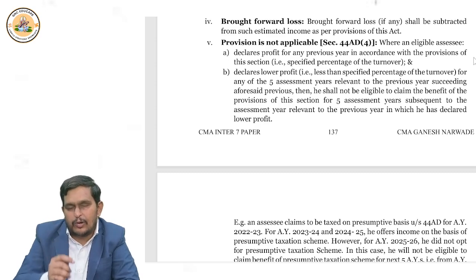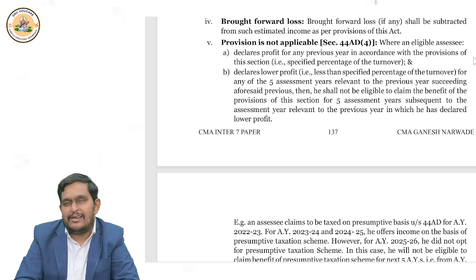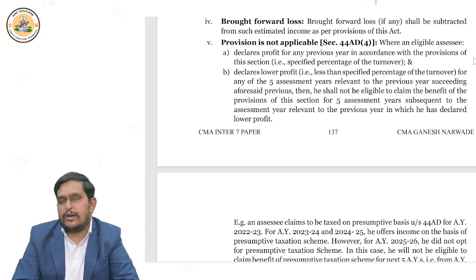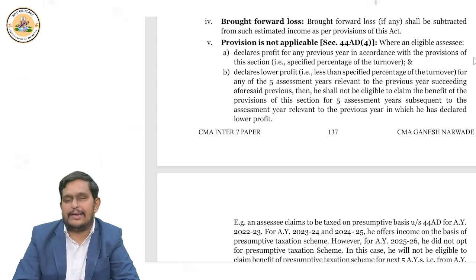So if you want to show lower income under 44AD, then you have to get books of accounts prepared as per 44AA and get the tax audit done under 44AB. Suppose your turnover is 80 lakhs and entire receipts are in cash. So 80 lakhs into 8%, how much will it come to? 6 lakhs 40,000.